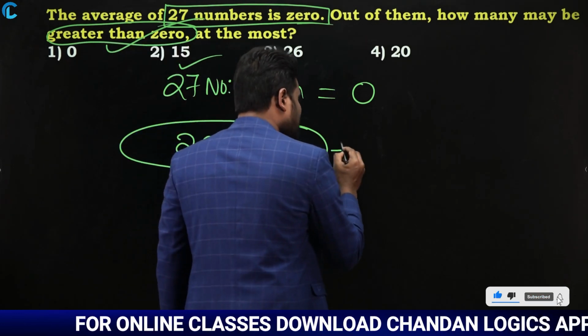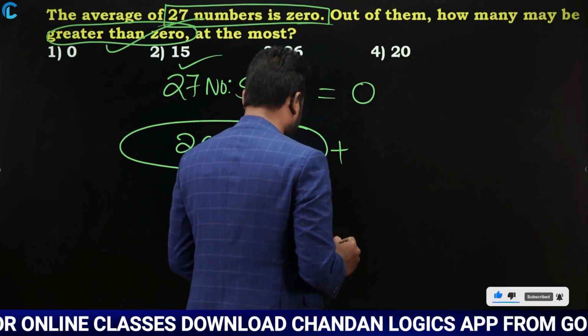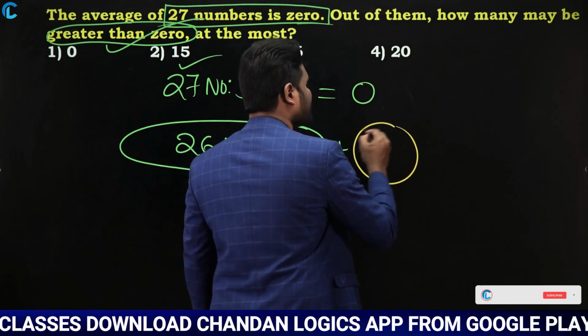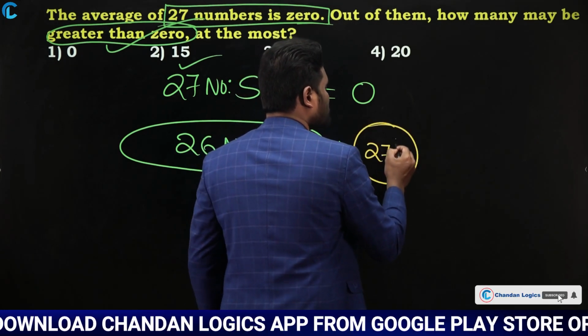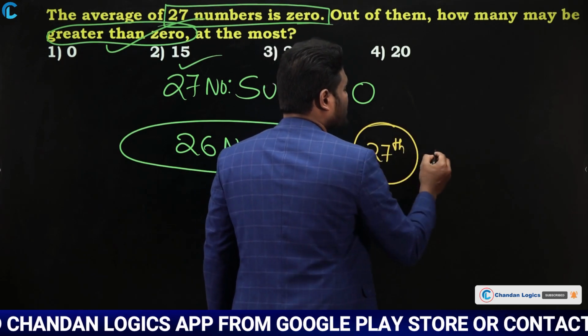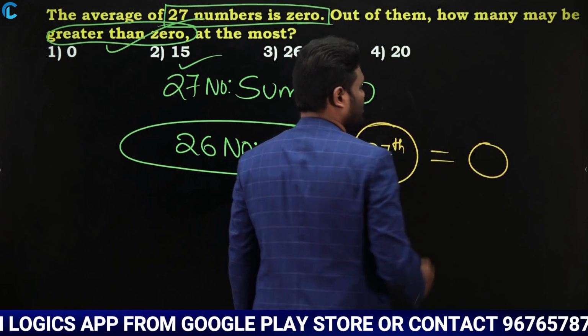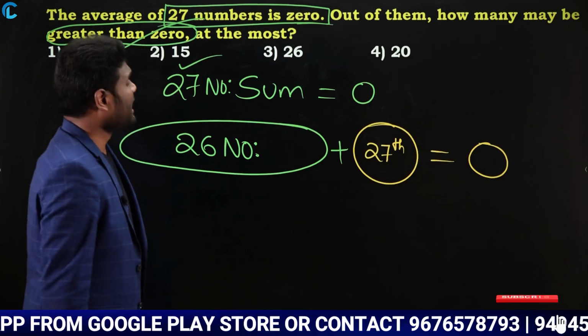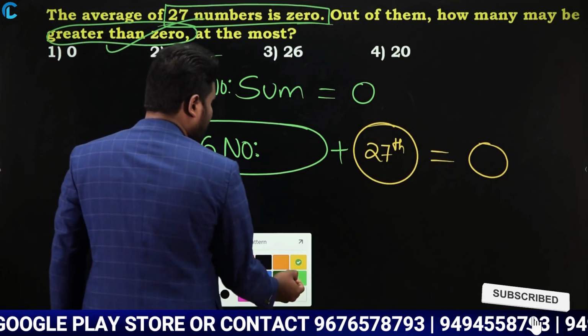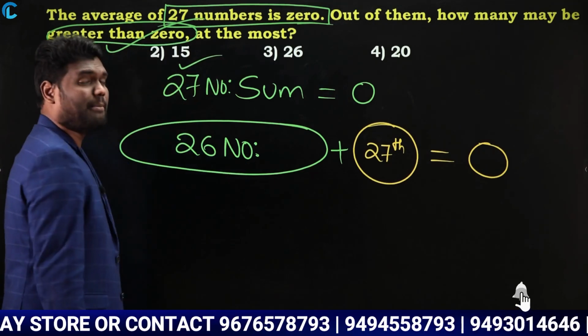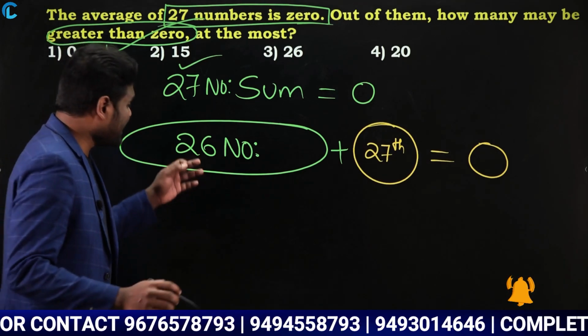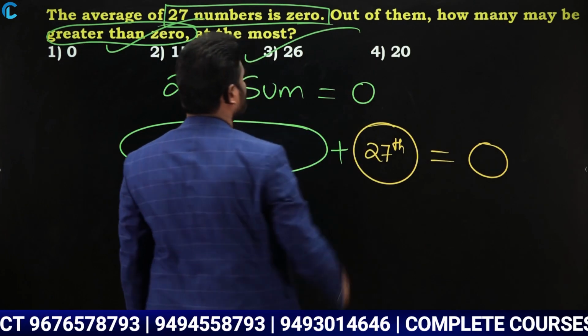Now for these 26 numbers, if I add the 27th number, what should happen? The sum should be equal to 0. Yes or no? Now your question is how many numbers can be greater than 0? I can simply say the answer is going to be 26.